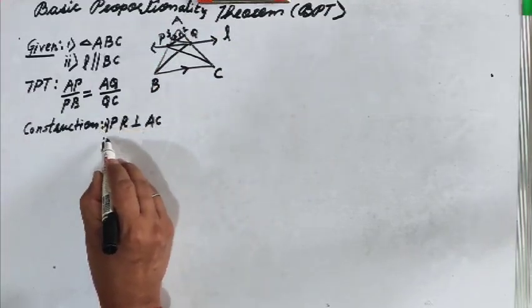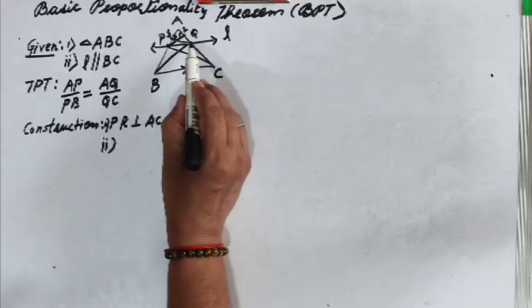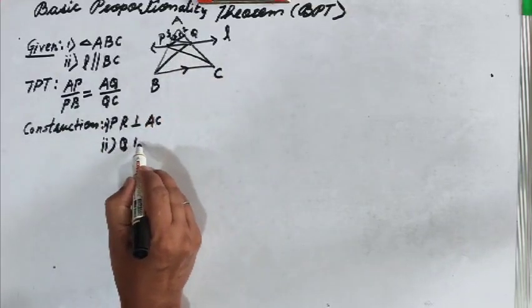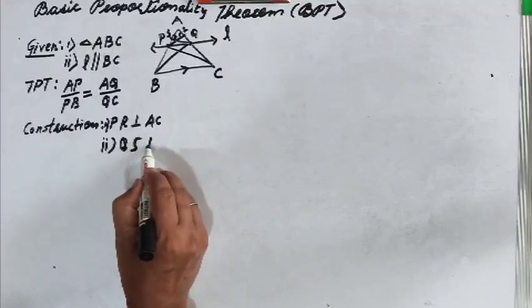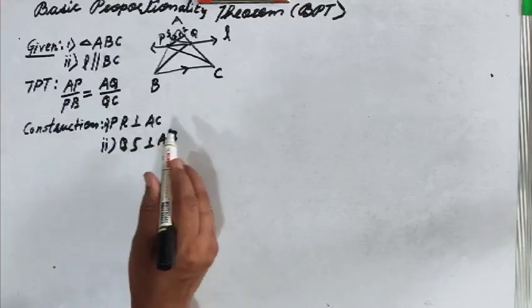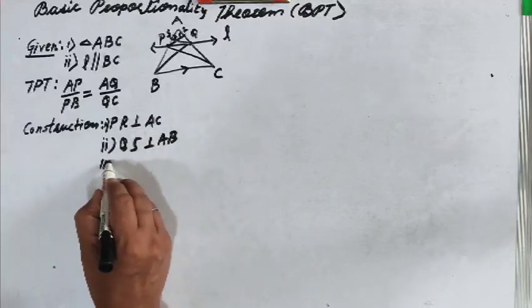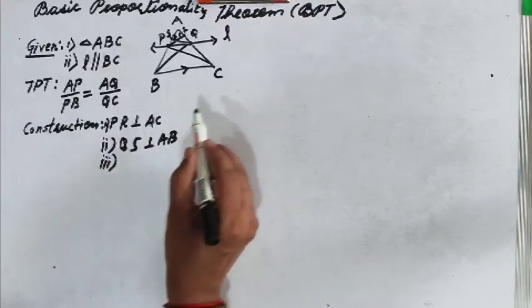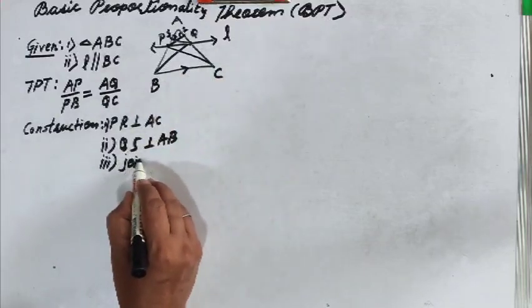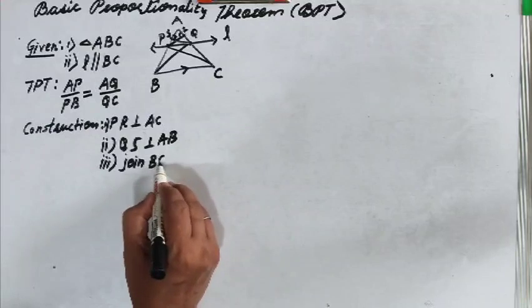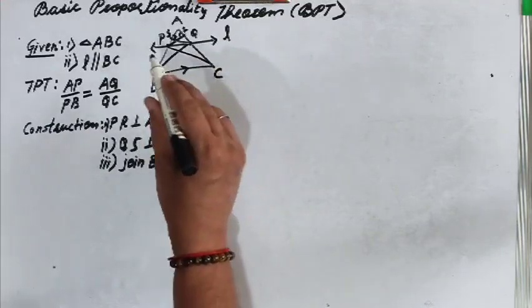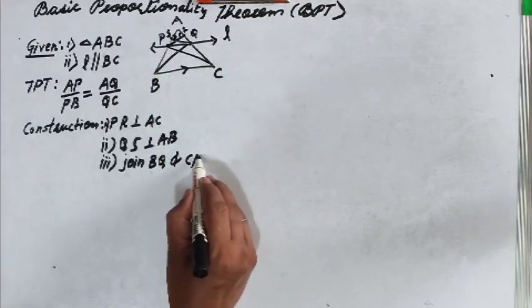Second construction is to draw QS, which is perpendicular to AB. And third, join BQ and CP.